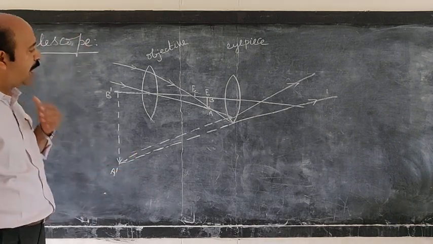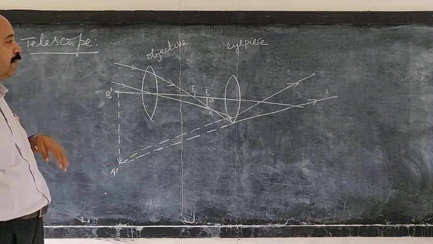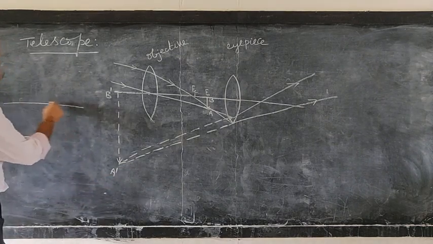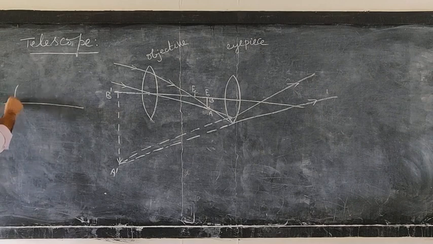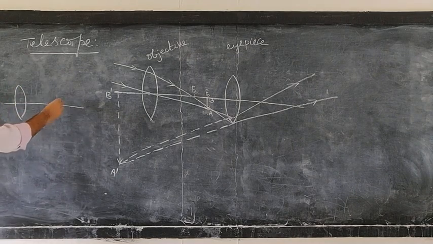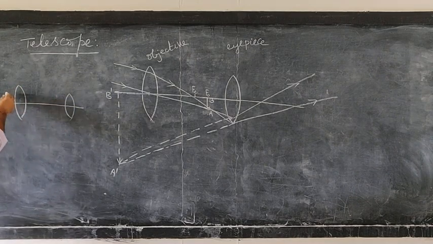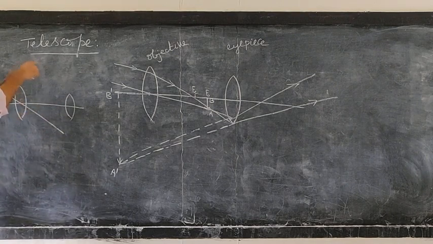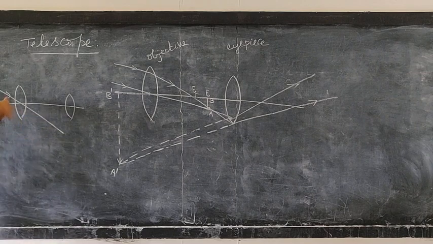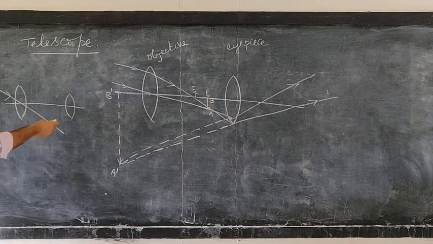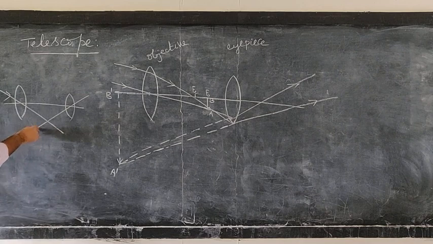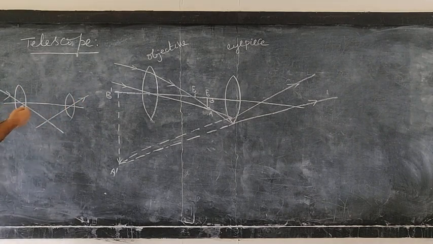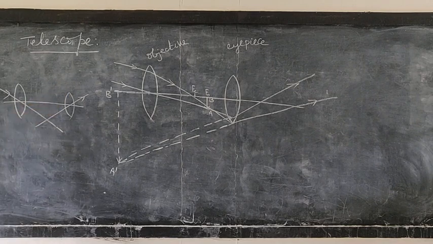Now, to derive a formula for magnification, we can do it like this. Let us suppose this is the objective lens, this is the eyepiece. Let us say this is one ray from the objective, the ray coming from the object, and suppose this is the ray which is an extension of the virtual image.